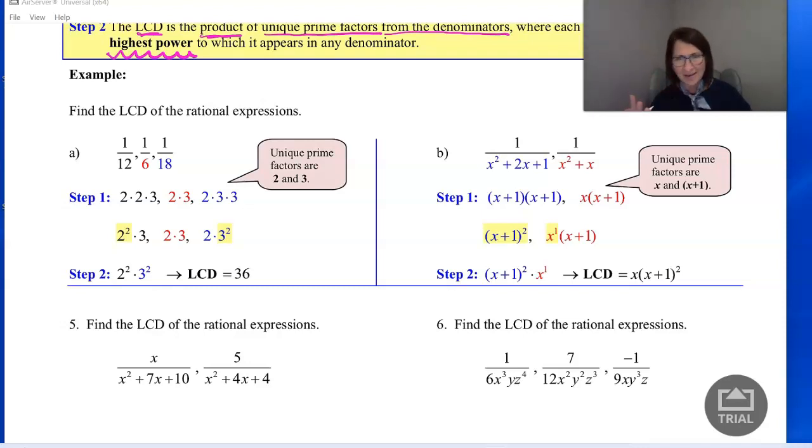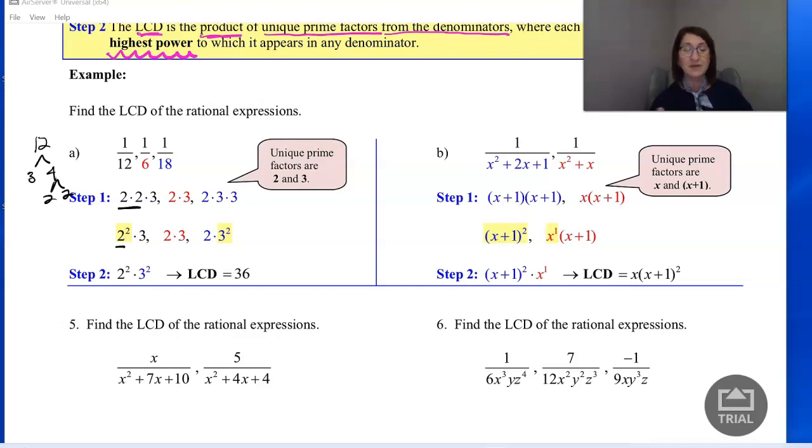How did we get that? That was just taking that 12 and breaking it down using a factor tree, okay? And so that 2 times 2 gives us the 2 squared. So 2 squared times 3.